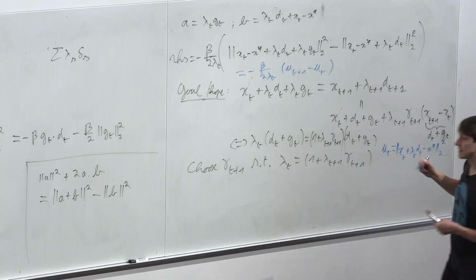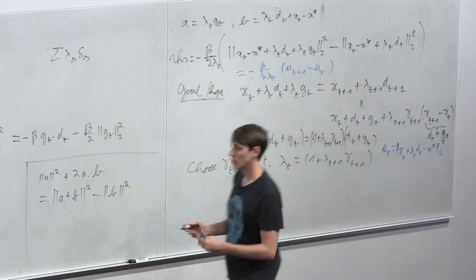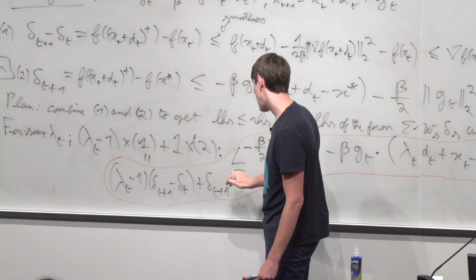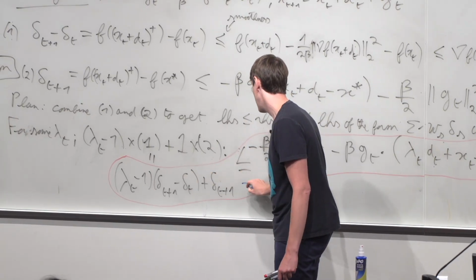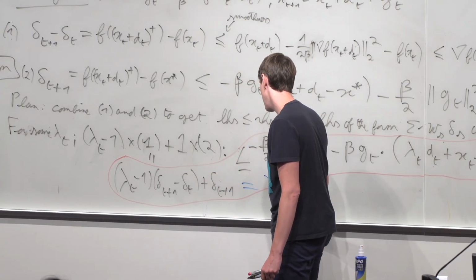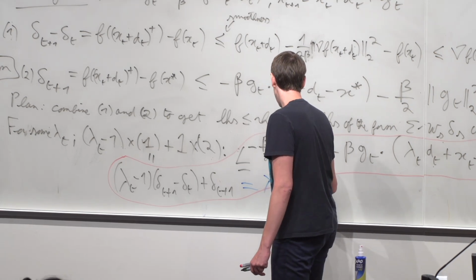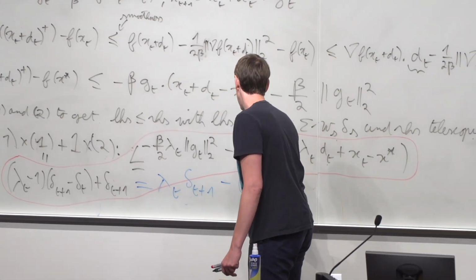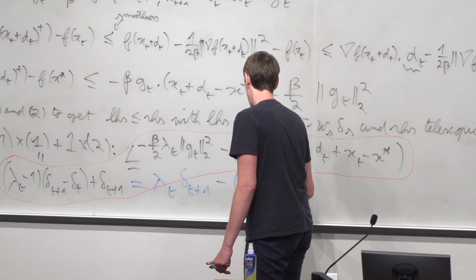Okay, so what do I get exactly? If I go over there, what was the left-hand side? I get lambda t times delta t plus 1 minus lambda t minus 1 times delta t.